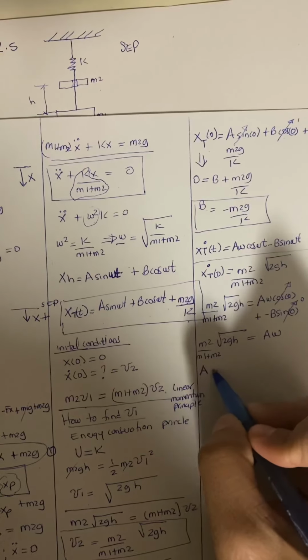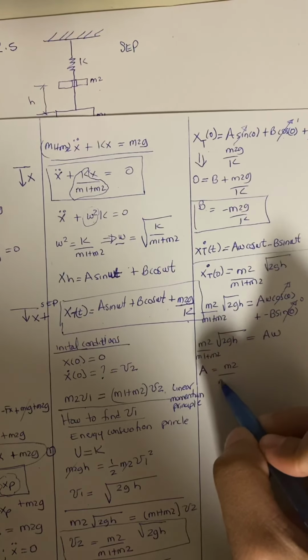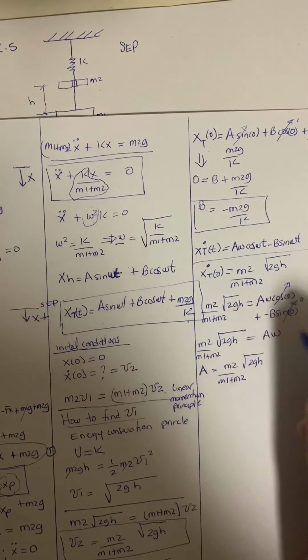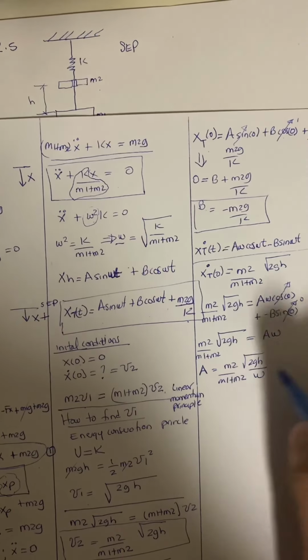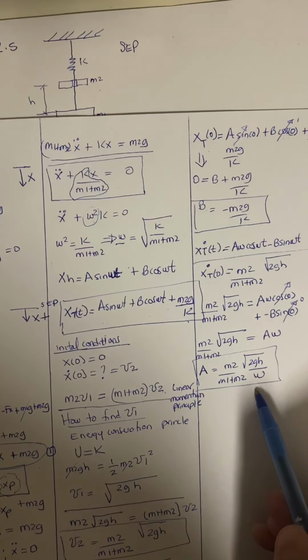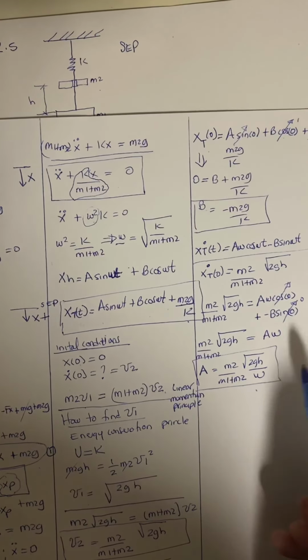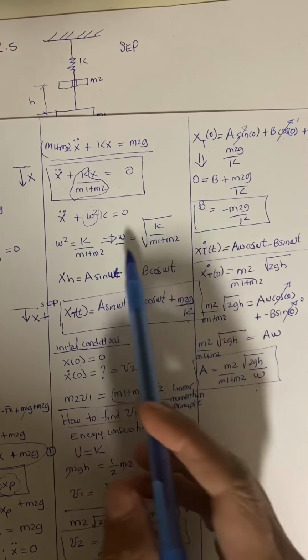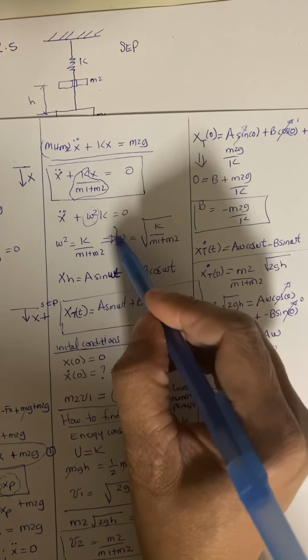So A is going to be equal to m2 over (m1 plus m2) times the square root of 2gh over w. But we already identified w at the beginning. We found that w was equal to this value here.